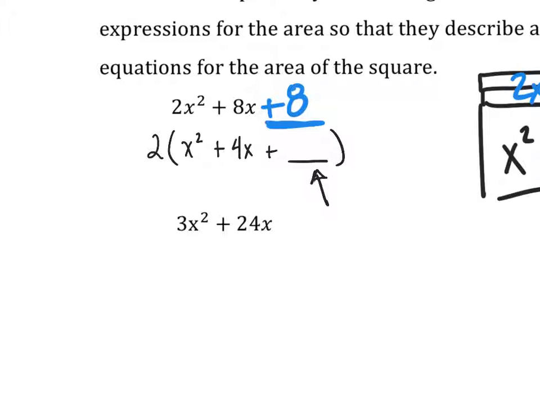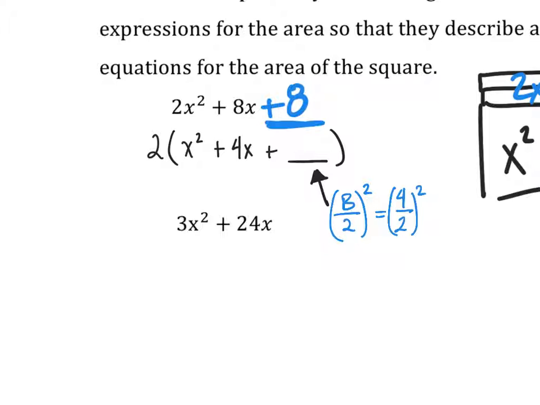So remember, we talked about this c right here. The way that we find that is we take the b term, which is this guy right here. We take that b term, divide it by 2, so b divided by 2, and then we square it. So in this case, it would be 4 divided by 2 squared. Y'all, what's 4 divided by 2? It is 2.